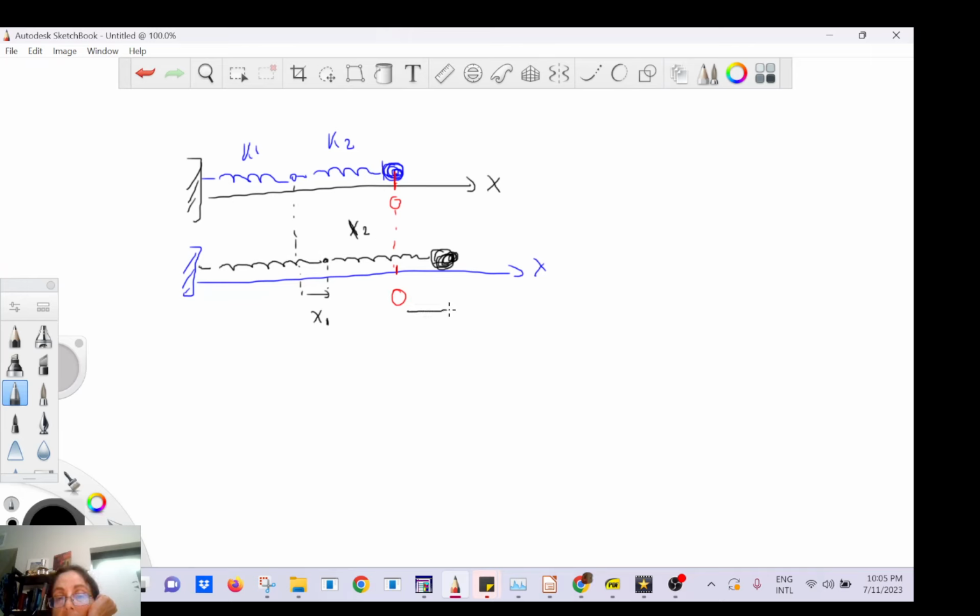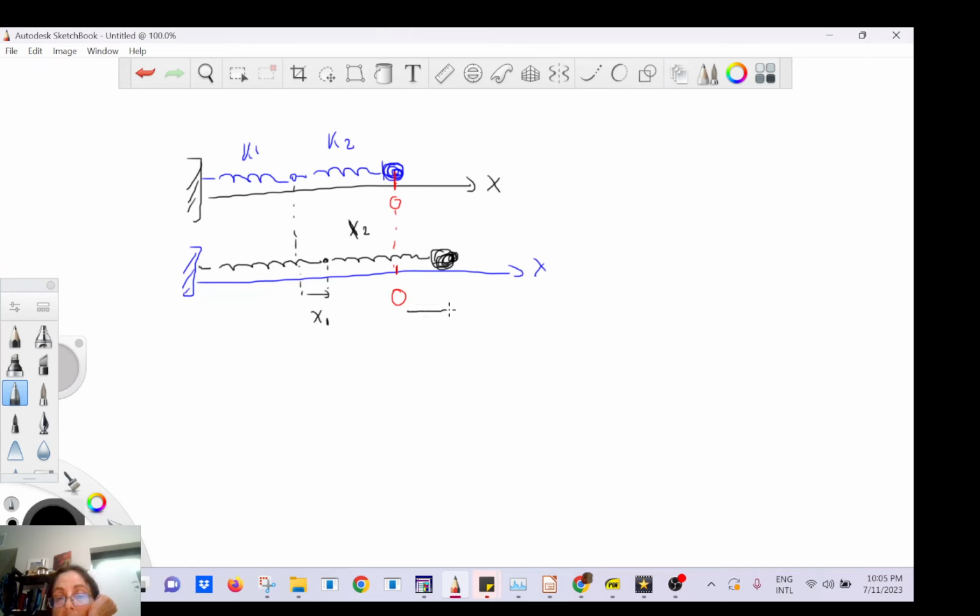Okay? So if we look at Newton's second law, if you look at the mass, it is acted upon by just that force here, and that force depends only on that spring. So that force here is going to be minus K2 x2. x2 is the amount by which that spring has been stretched.